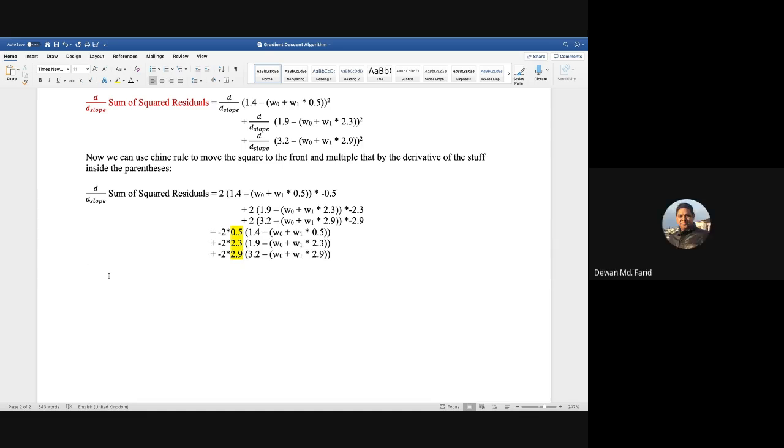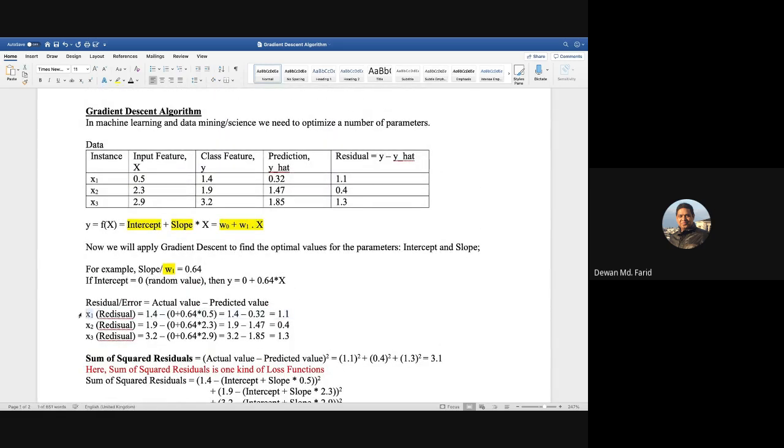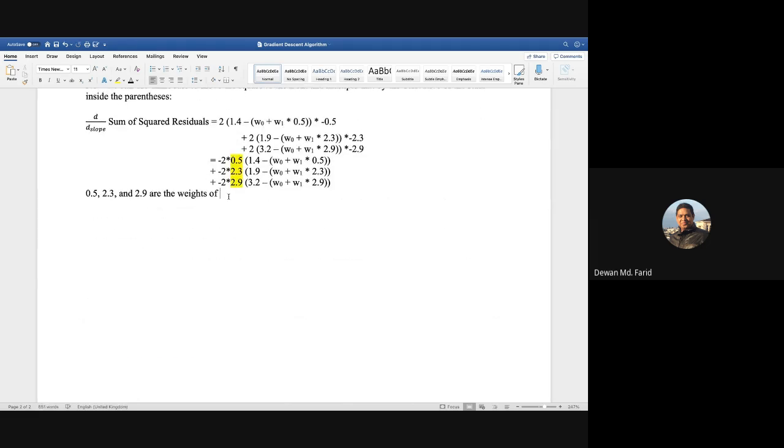So you can write here 0.5, 2.3, and 2.9 are the weights of x1, x2, and x3 respectively.